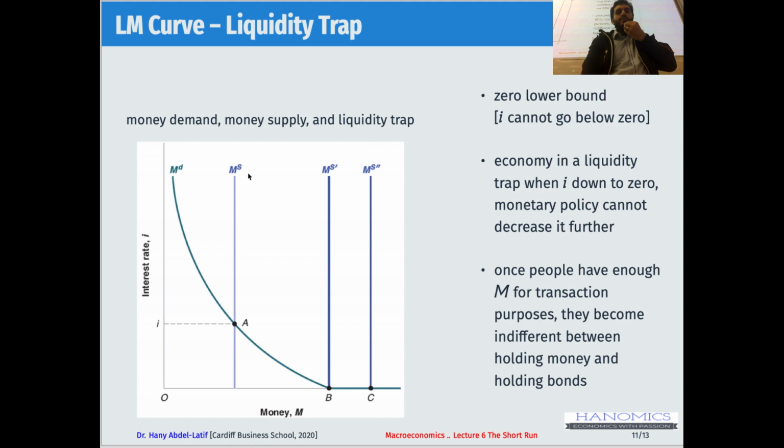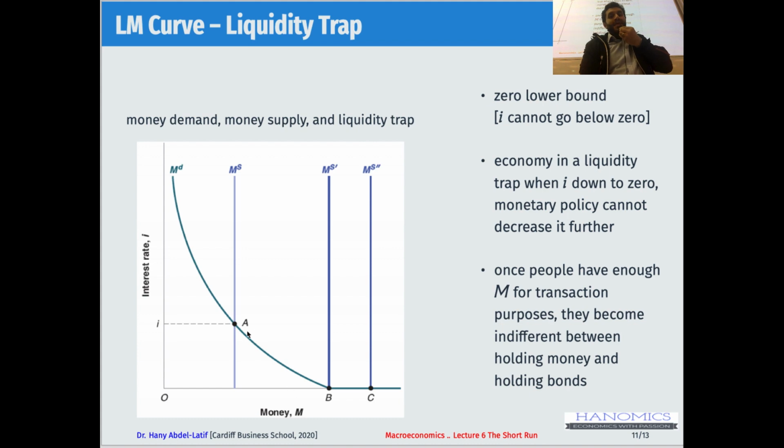Demand for money is a downward sloping curve because there are three reasons to demand money. Transaction demand is positively related to income, but the other two, speculative demand and precautionary demand, are negatively related to the interest rate, and that's why you have a downward sloping curve for demand for money.